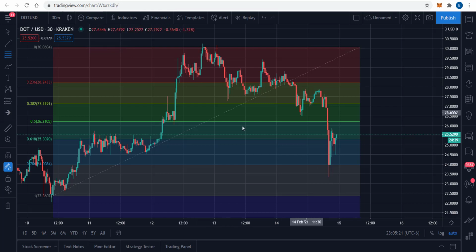When we take it lower, we are going to see the 15-minute, well, that's the 30-minute time frame. Let's see if we see anything.